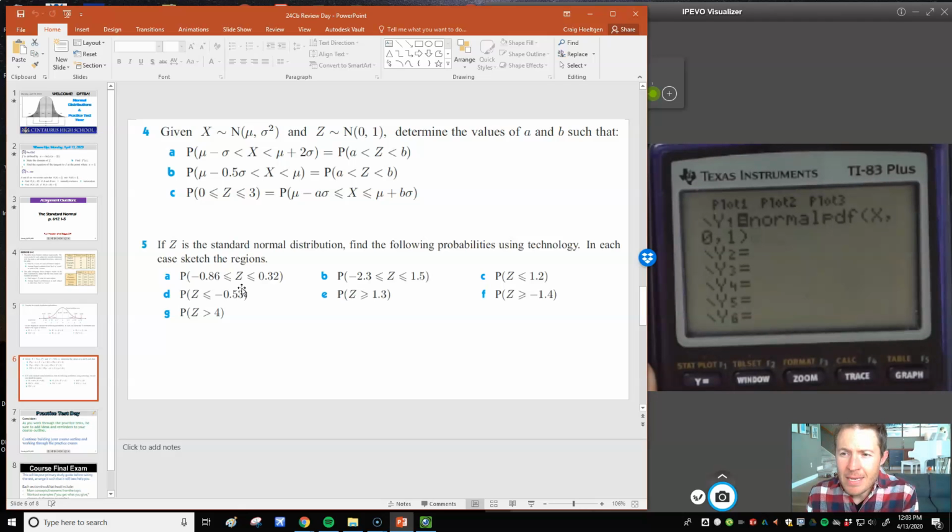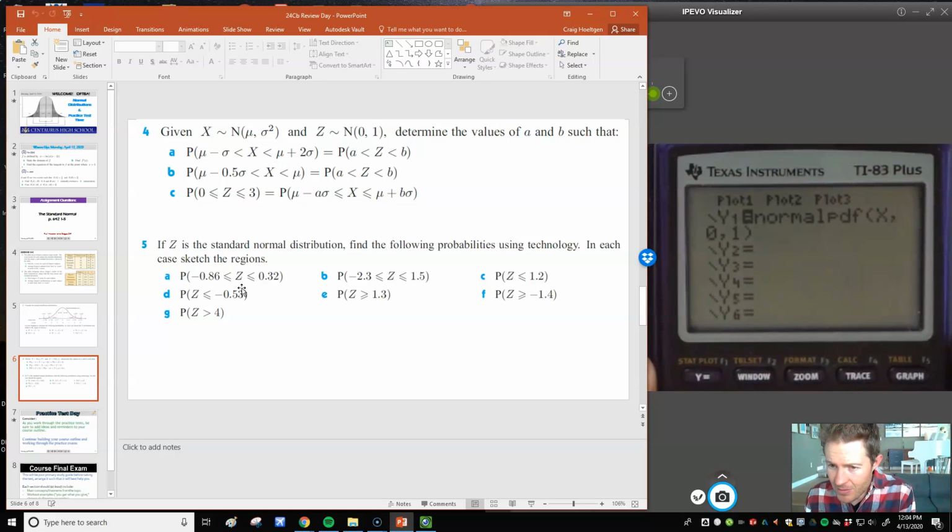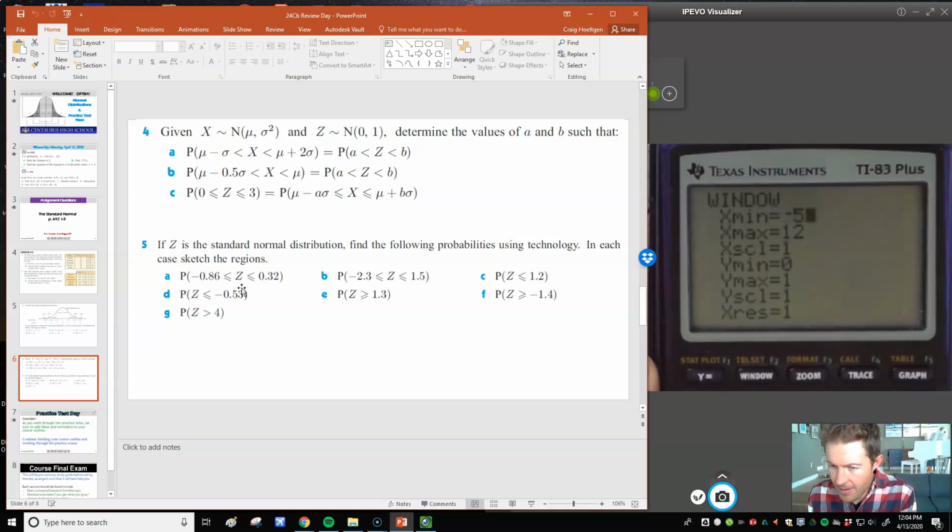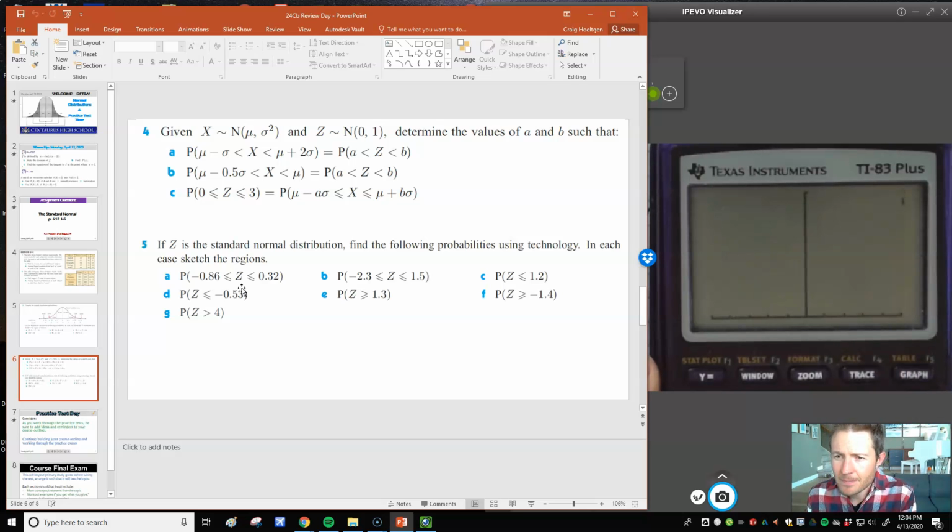So here's our graph. Now first I need to set my window up. The window I had previously is not going to work here. For Z's, negative values are fine. So I'm going to set my window here. Let's go -5 to 5. That means -5 standard deviations and +5 standard deviations. Pretty big. Let's look at this graph.